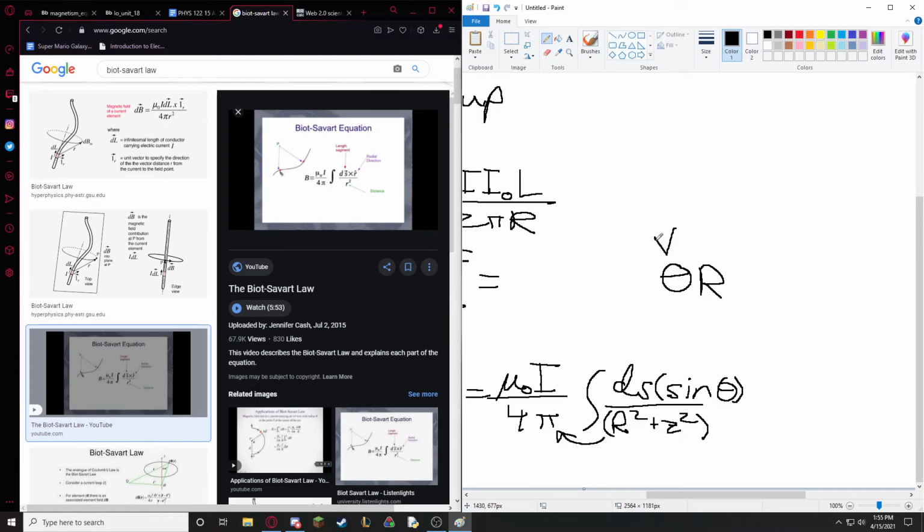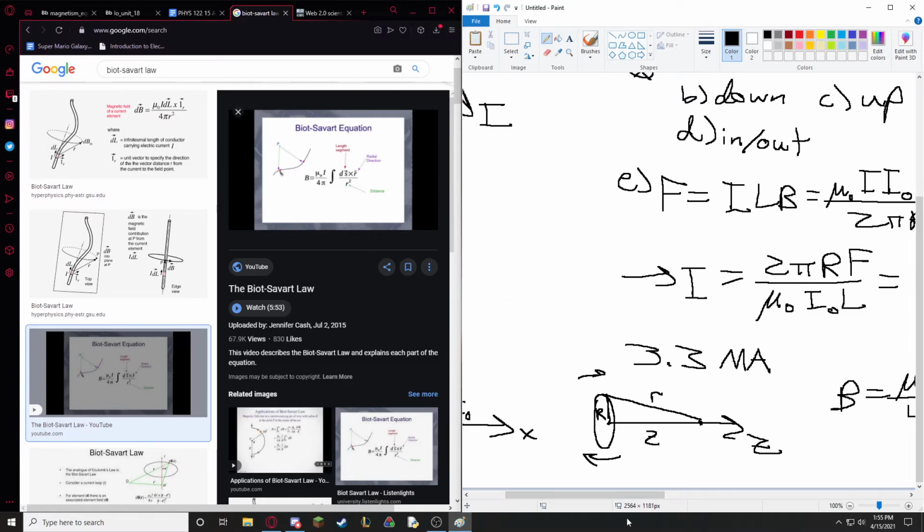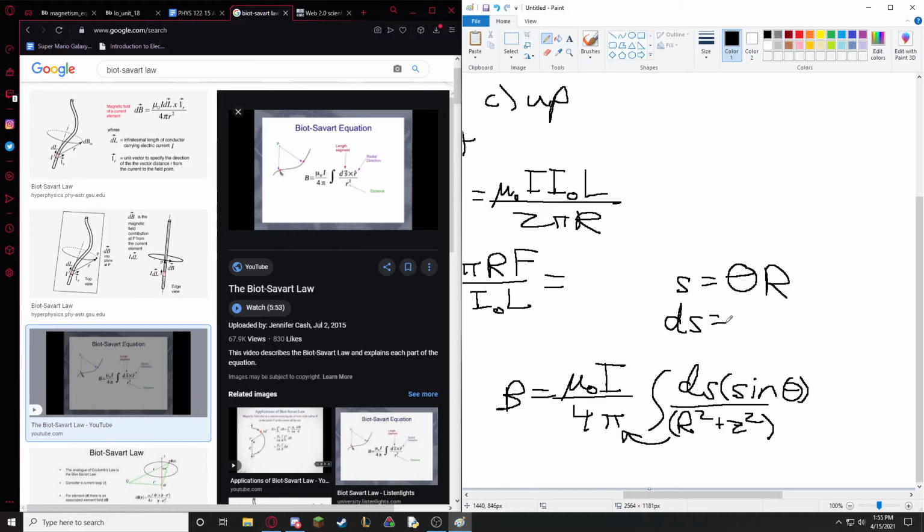So are we integrating with respect to theta, or with respect to r? Isn't r a constant radius? We're going around from 0 to 2 pi, right? So it'd be with respect to theta then. Yeah. So ds would be r d theta.